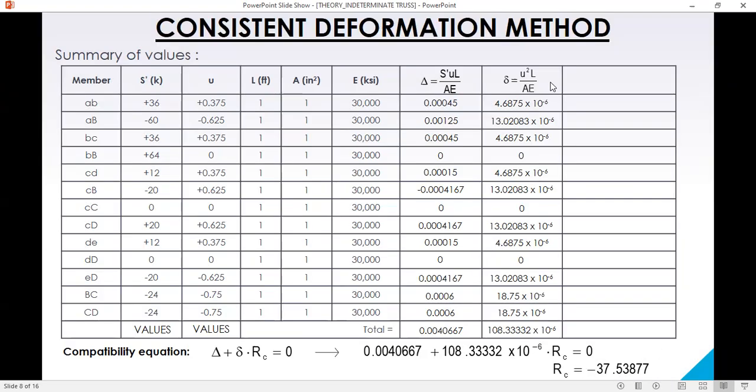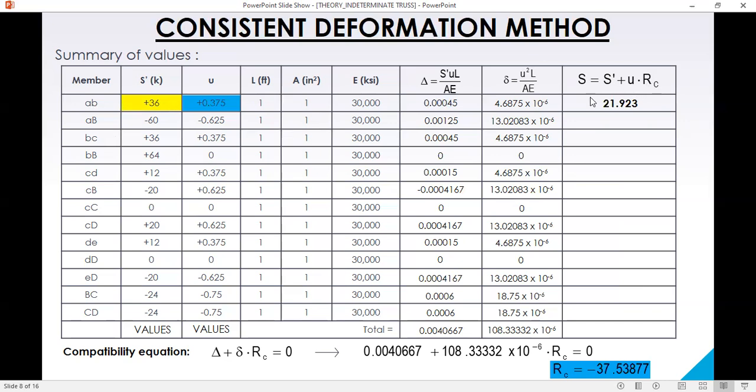Okay. So after this, we now solve for the true value of the force of the truss members. Now, the true value is this. The S is equal to S prime plus U times RC, the redundant. So for EB, we have S prime plus U times this, RC, is equal to this one.